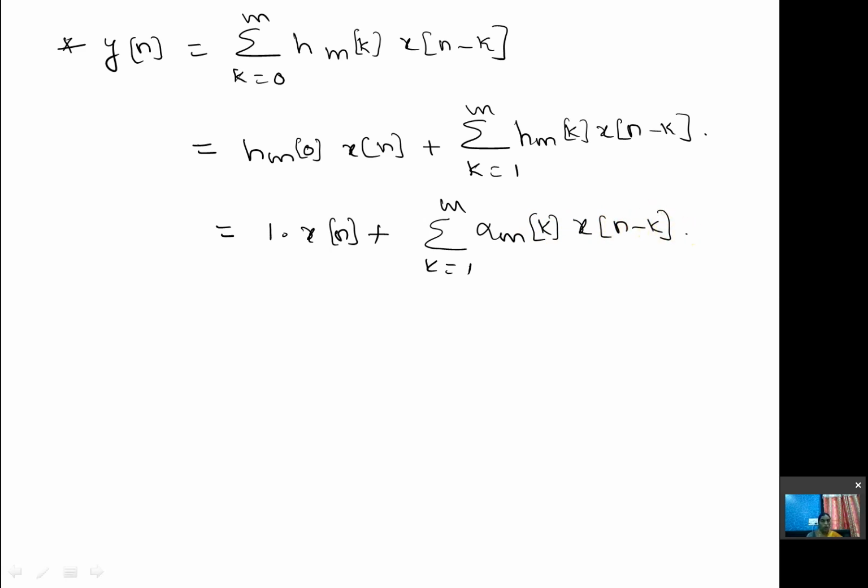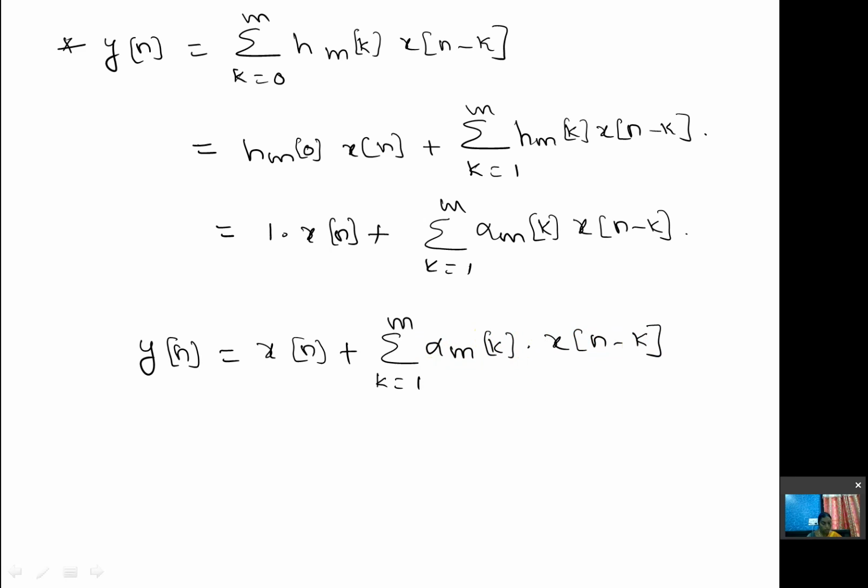So now what is y of n? x of n plus summation k=1 to m alpha m of k into x of n minus k. Okay, right? So this is the equation.